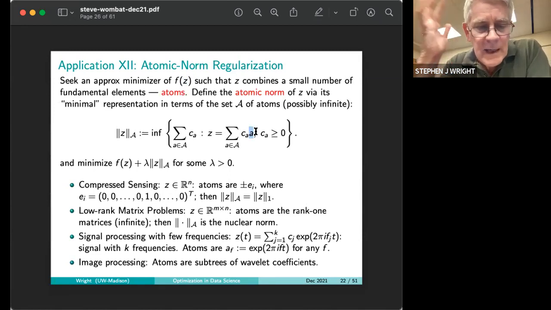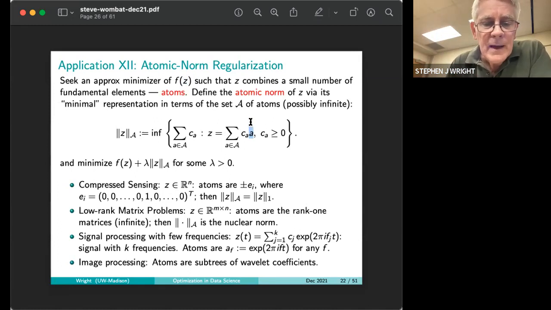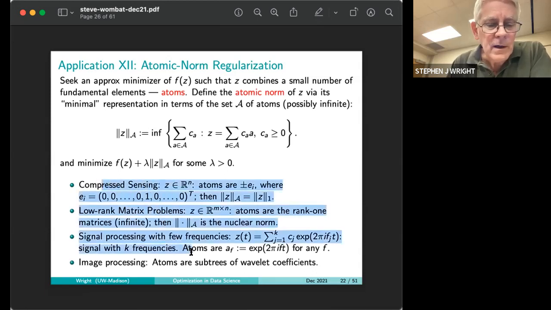When Z is a low rank matrix, then each of these fundamental elements A could be a rank 1 matrix. And so Z will just be a linear combination of a few rank 1 matrices and so on.